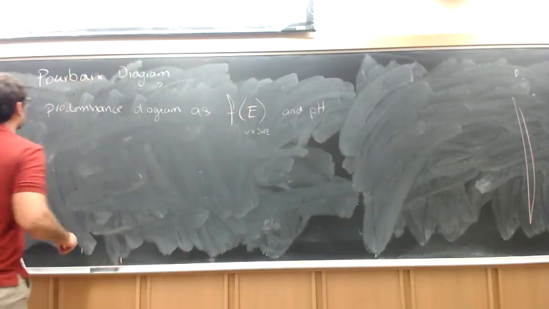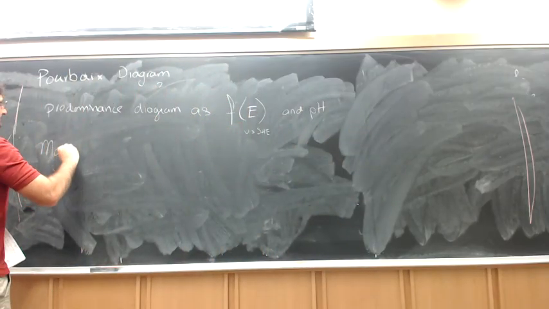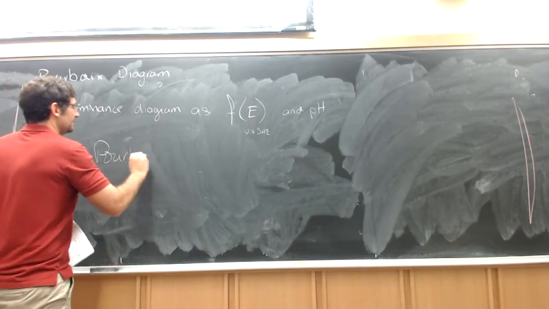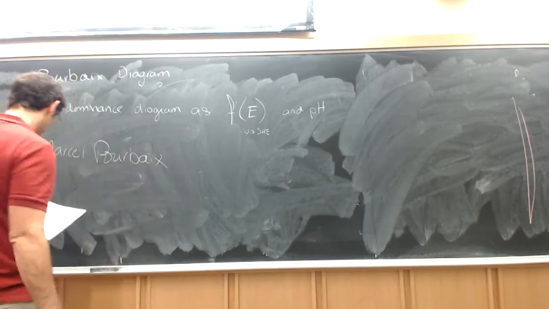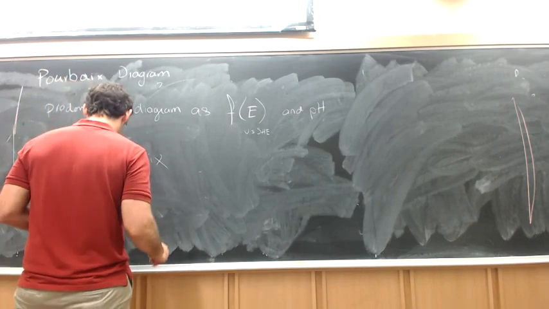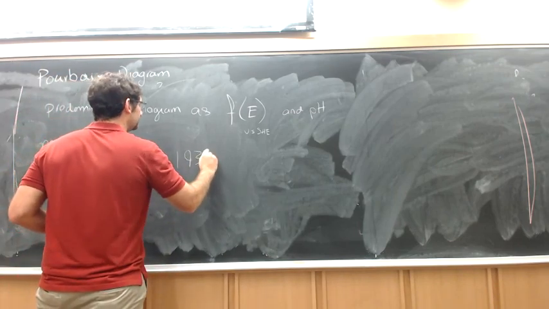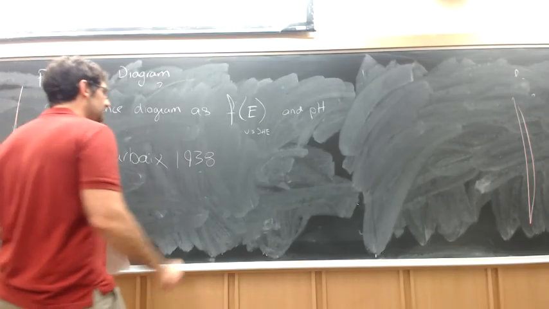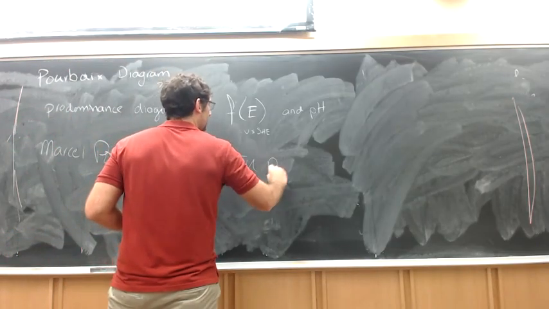And it was popularized by Marcel Pourbaix. I think it was his thesis work or something like that, in 1938. So sort of in the dawn of modern electrochemistry at TU Delft in the Netherlands.